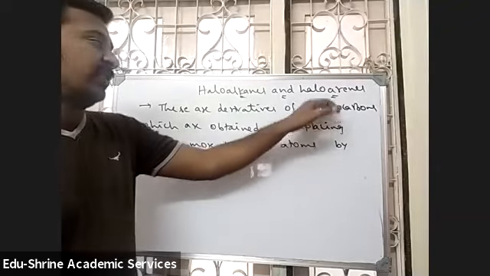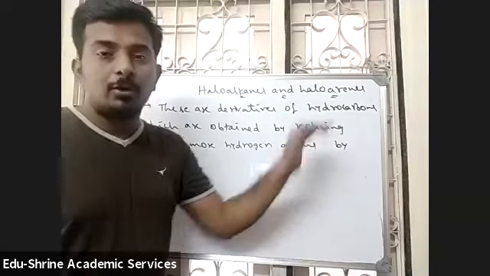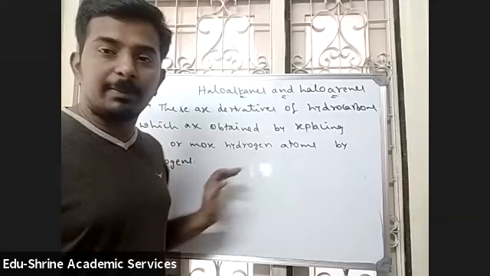So we are telling these compounds are obtained by replacing one or more hydrogen atoms of a hydrocarbon by halogen.